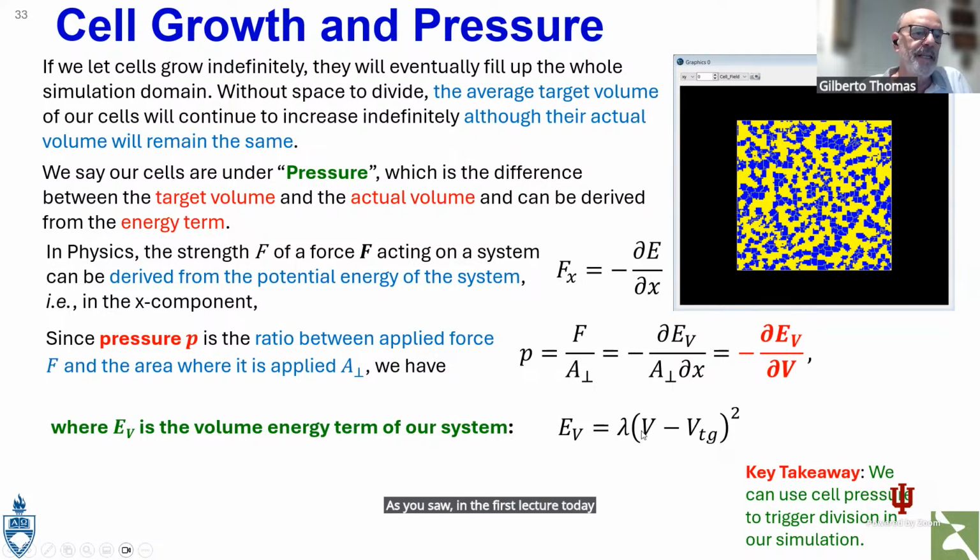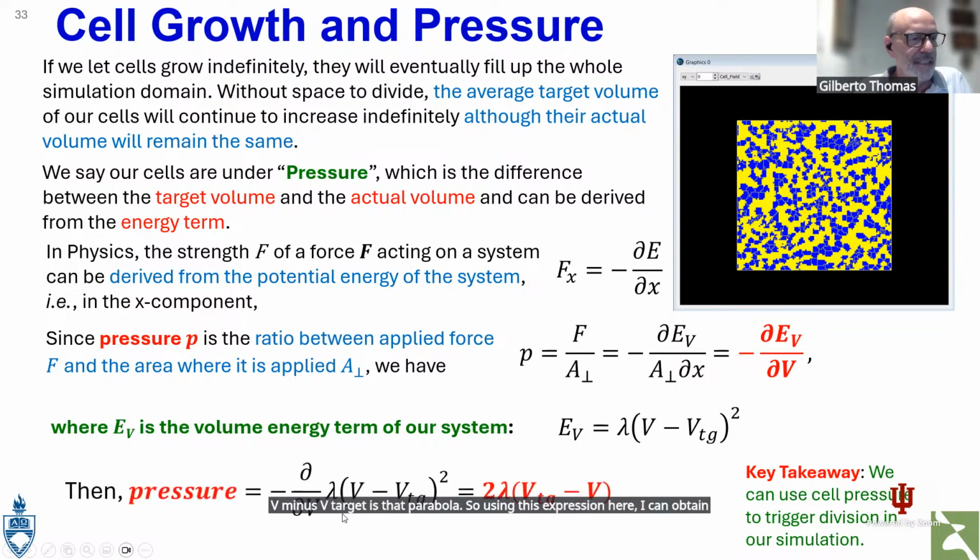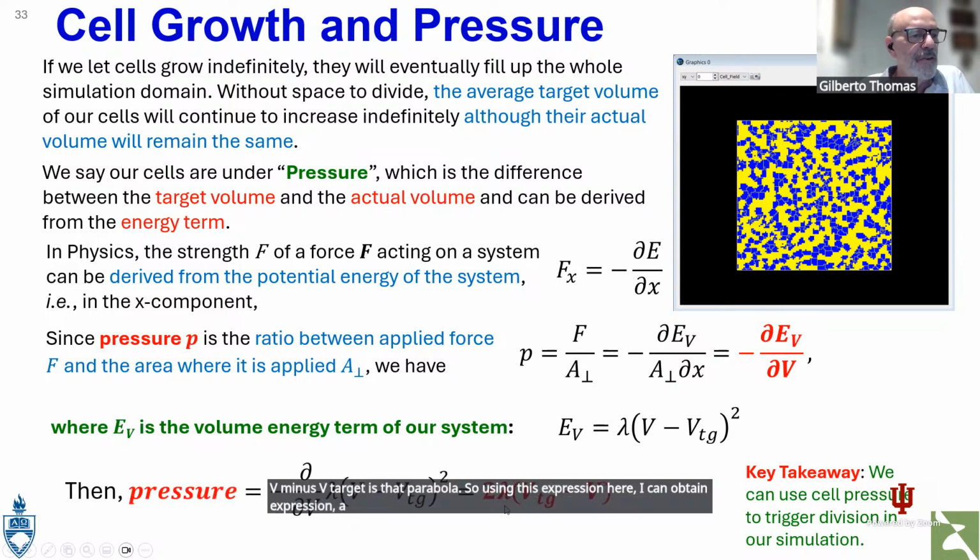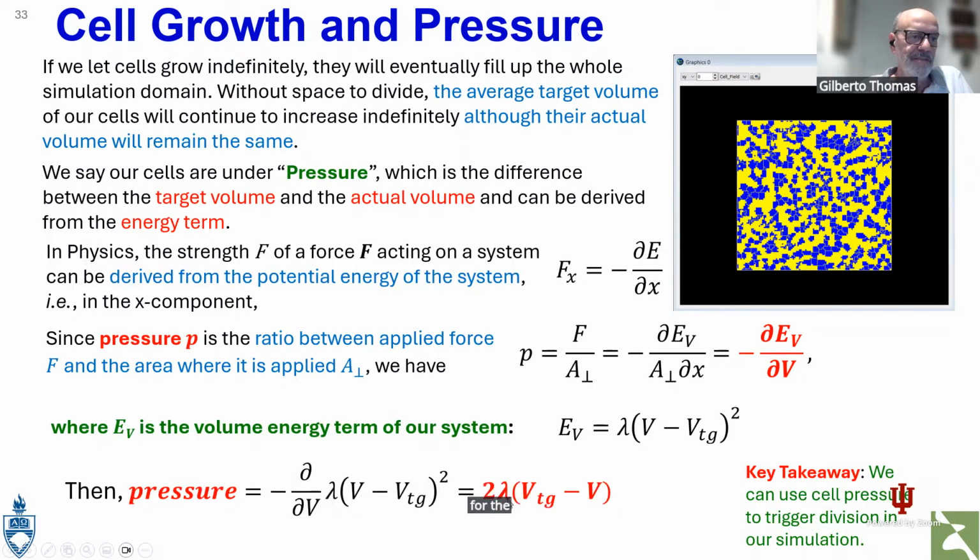Here, remember, V minus V target is that parabola. So, using this expression, I can obtain a real expression for the pressure. So the pressure is 2 times the lambda volume, which comes from here, times V target minus actual volume.